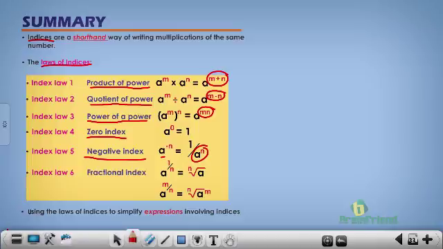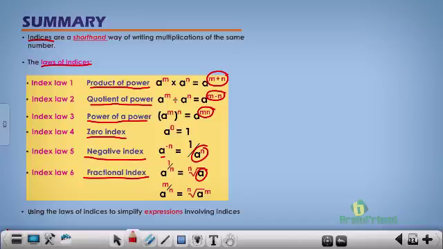Finally, we looked at the fractional index law, which states that if any quantity A is raised to a fractional power 1 over n, we would have the nth root of that quantity. So if n is 2, we would have the square root of our quantity A. If n was 3, we would have the cube root.